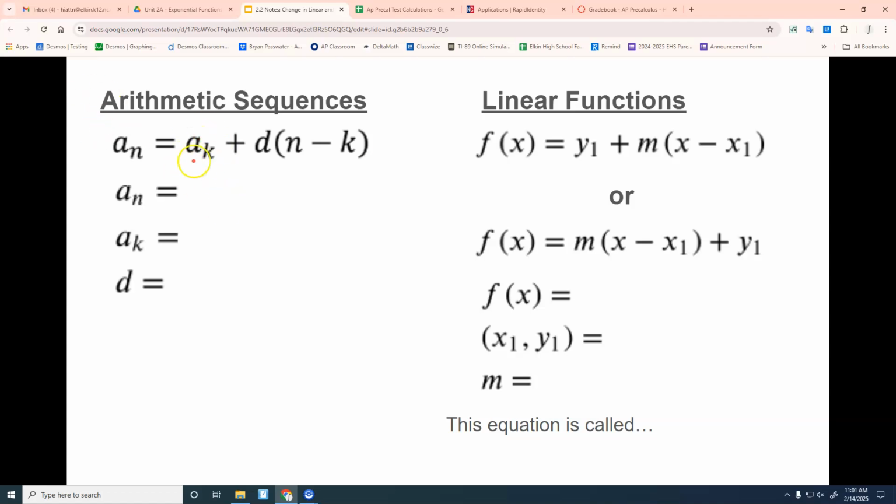So we would put that here, and then we would subtract 10 over here. So a sub n is still the nth term. A sub k is your kth term, that's the term that you know. So it'd be 12th term, yeah. And d is still your common difference.